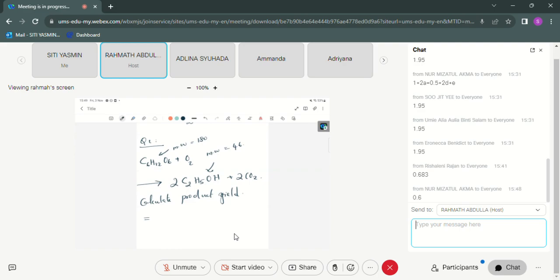So you have to calculate the product yield. Okay, the molecular weights are given as 46 and also 180. Let me see how much you get. Answers?